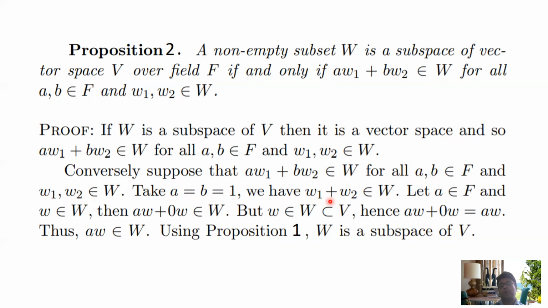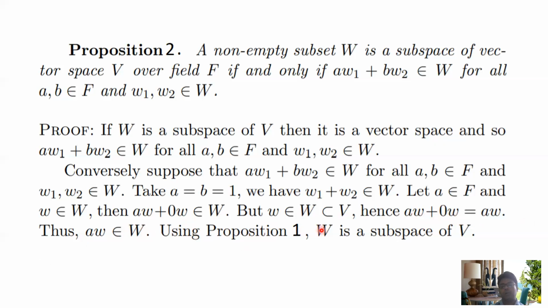We have W1 plus W2 belongs to W. So let a belongs to F and w belongs to W, then aw plus 0w belongs to W, but w belongs to capital W, and W is a subset of V. So hence aw equals 0w plus aw, so thus aw belongs to capital W. So this is by using the property.